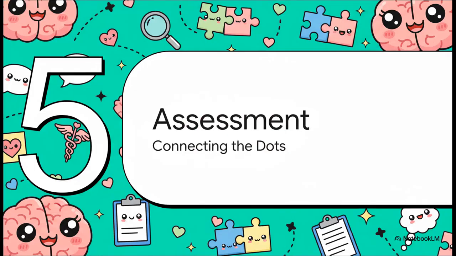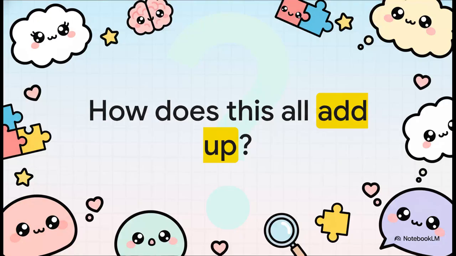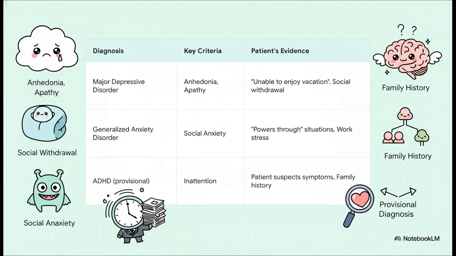And now we get to A, the assessment. This is the synthesis. It's where the clinician takes that subjective story and all the objective evidence and starts connecting the dots to form a professional judgment. So, with everything we've heard from her story and seen in the clinical exam, how does it all fit together? What's the diagnostic conclusion here? This table lays out the thinking process beautifully.